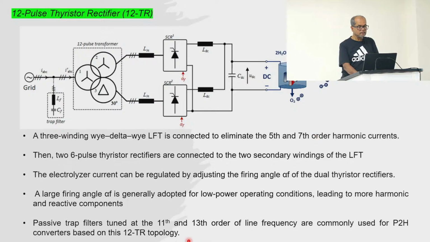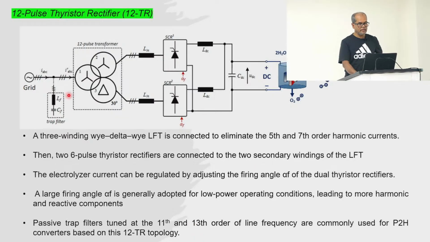And then by using the transformer trap filter, it also eliminates the 11th and 13th order of the line frequency, which are commonly used for power to hydrogen converters based on this 12 pulse thyristor rectifier.